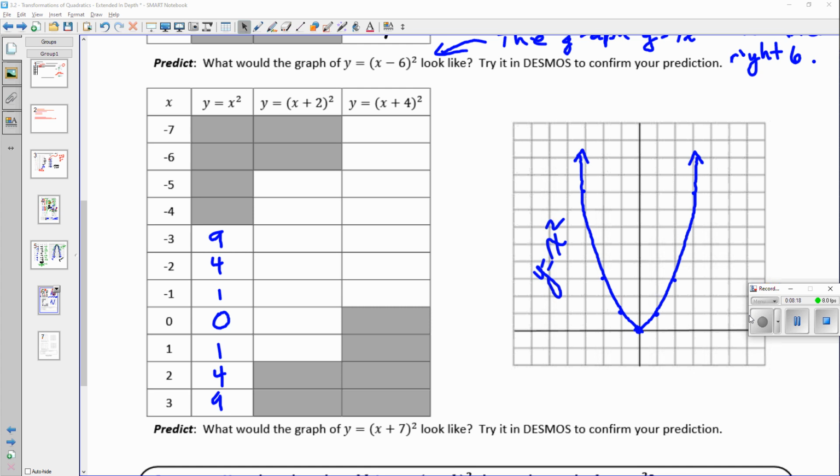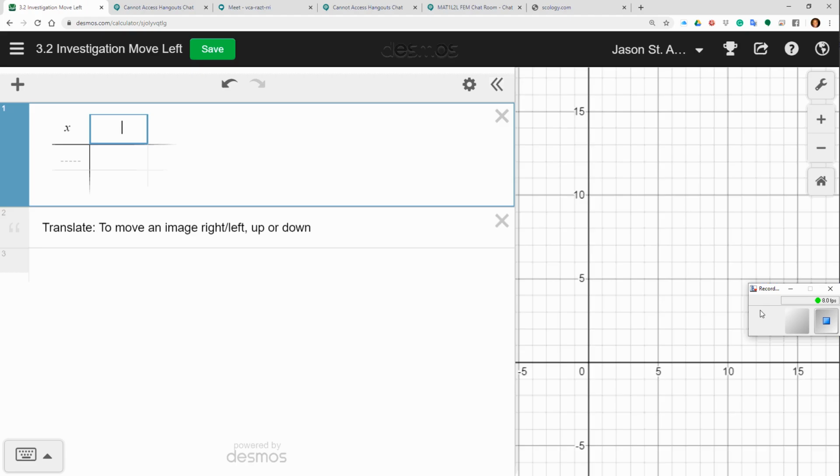So in this chart for x plus 2, we're going to do our calculations in Desmos, and we'll see what we come up with. So now let's put in our graph. Remember that our graph must have brackets around x plus 2, and then we square it, and we get this.